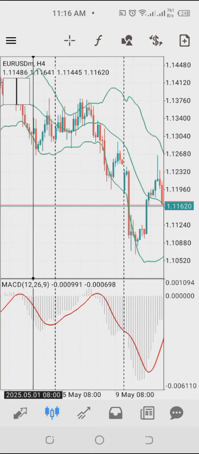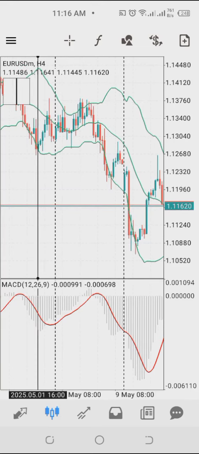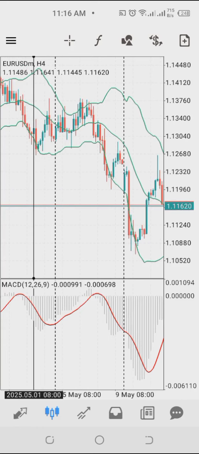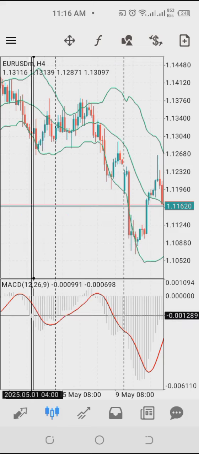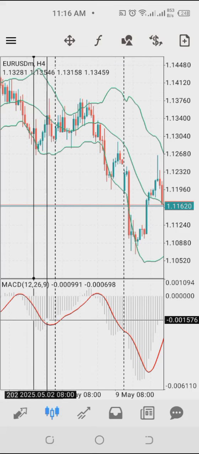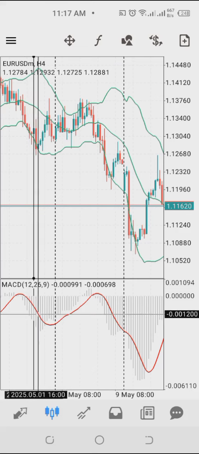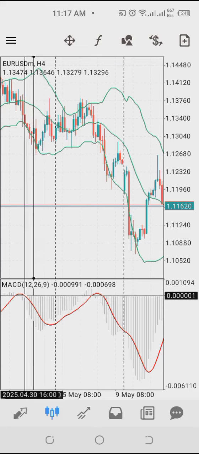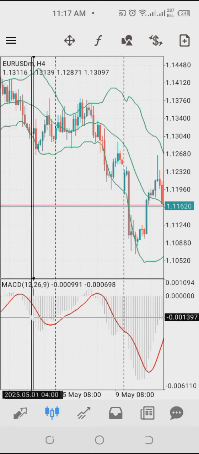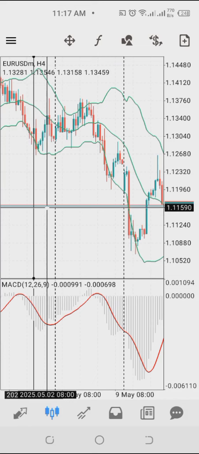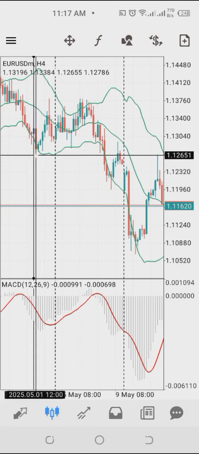The first thing you need to do when trying to pick a buy setup is come to your H4 time frame, and on the H4 time frame, I need to ensure that the MACD is printed below the zero line. This is the zero line I'm talking about on the MACD indicator terminal. So it needs to be printed below, and also on the Bollinger Band, price should have dropped out of the lower Bollinger Band for a buy signal.